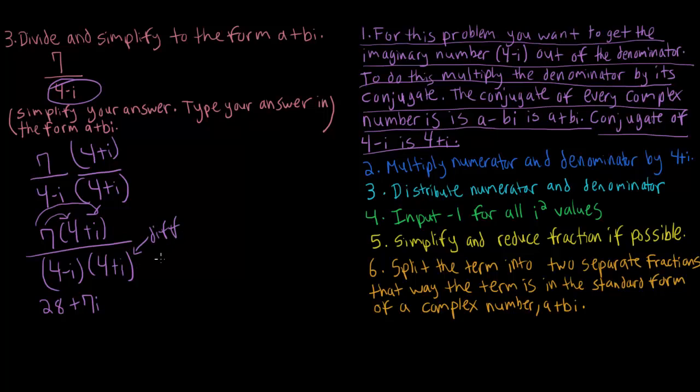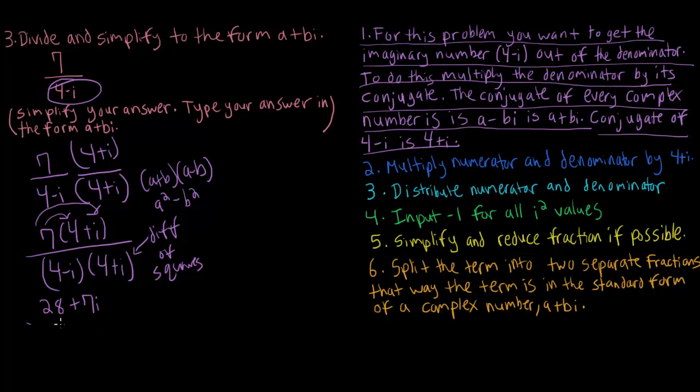This is a difference of squares. Because this problem is basically in the form a plus b times a minus b, or in this case, switched around. And that right there is equal to a squared minus b squared.